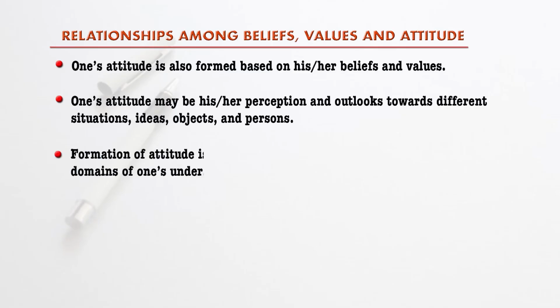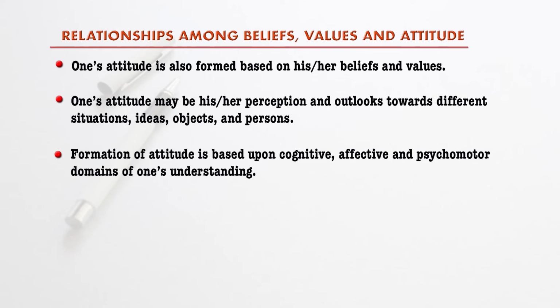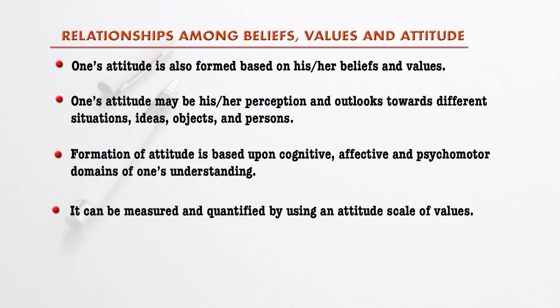And the formation of attitude is based upon the cognitive, affective and psychomotor domains. I have already discussed that it includes mental operations, it includes our feelings and emotional aspects, and it also includes the skills that we acquire by doing things. Okay? And further, it can be measured and quantified by using an attitude scale.